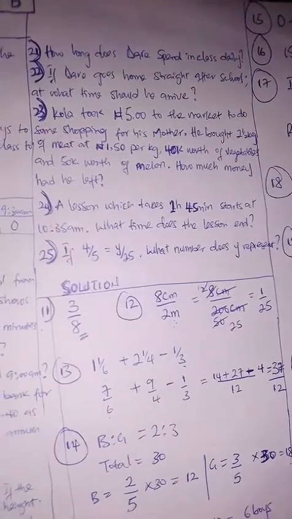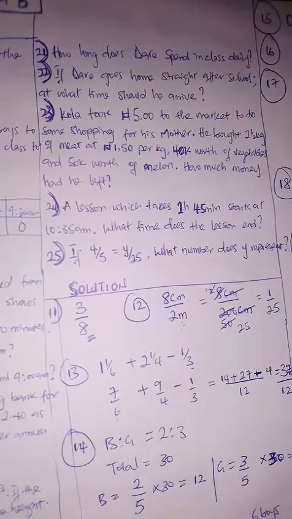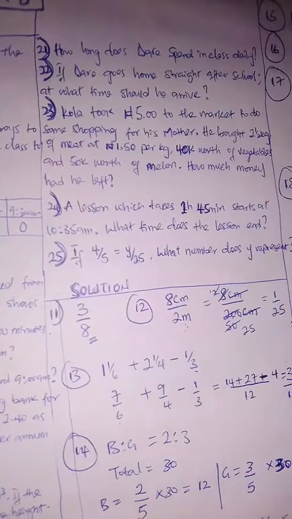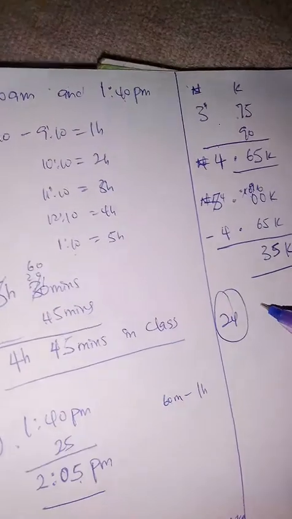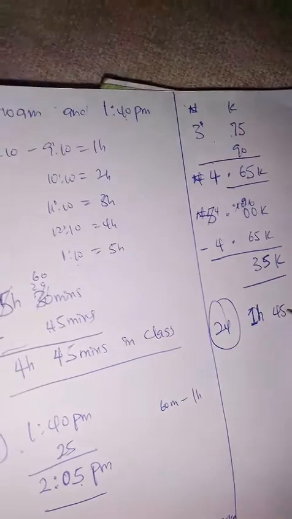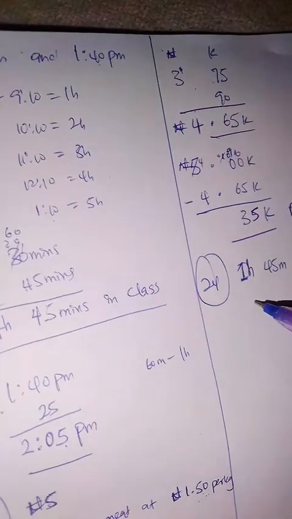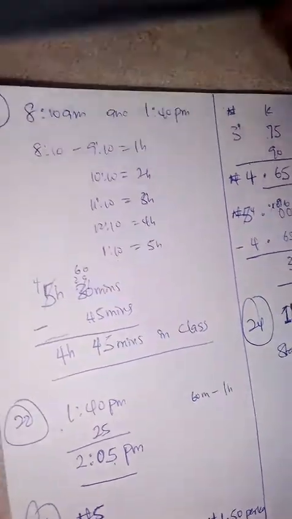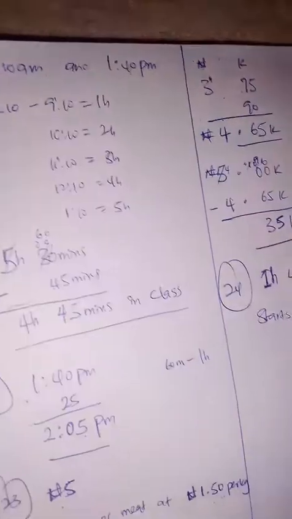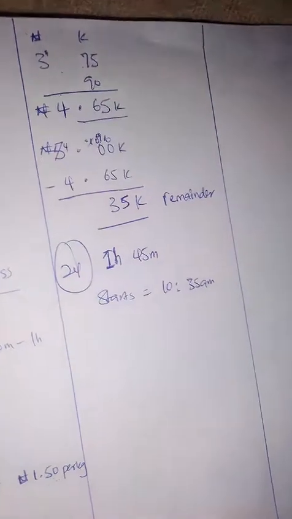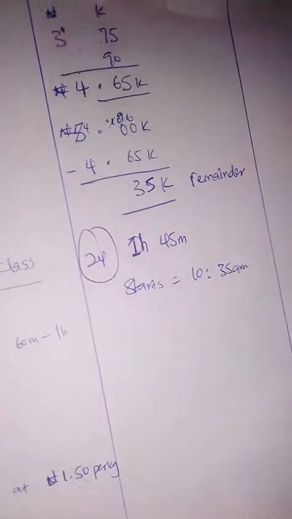A lesson which takes 1 hour 45 minutes starts at 10:35 a.m. What time does it end? It takes 1 hour 45 minutes and starts at 10:35 a.m. Since it's 1 hour 45 minutes, it's still going to be in the morning.